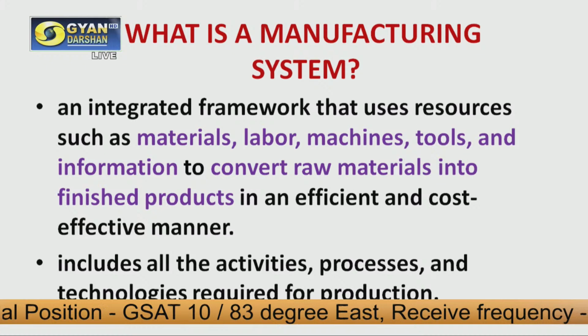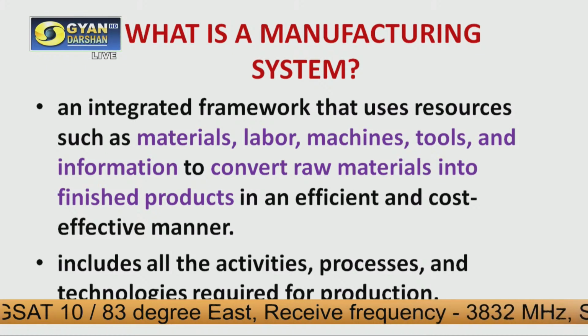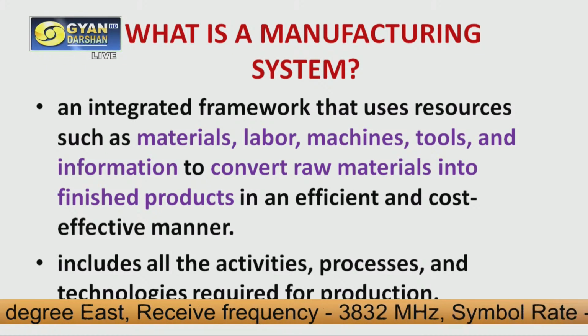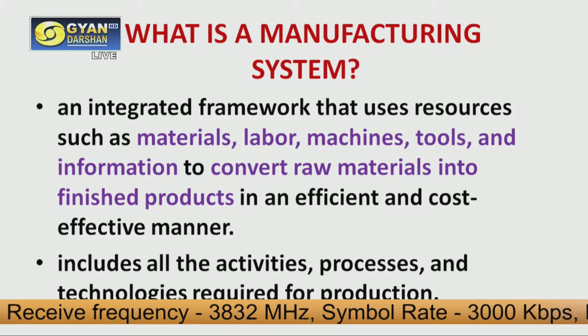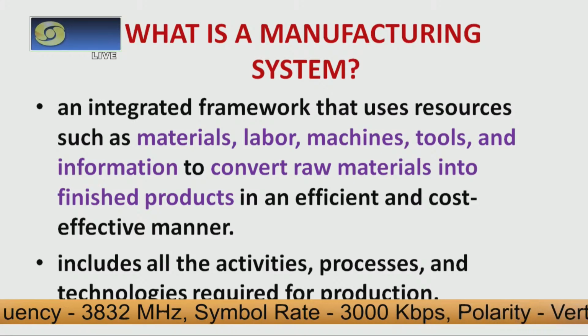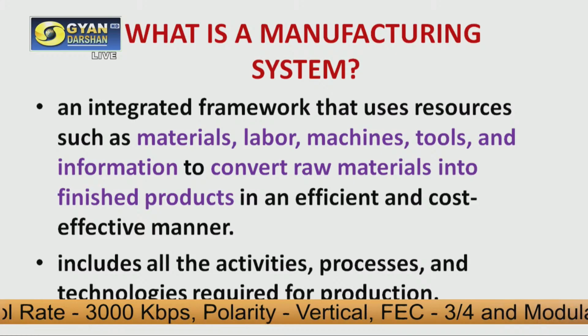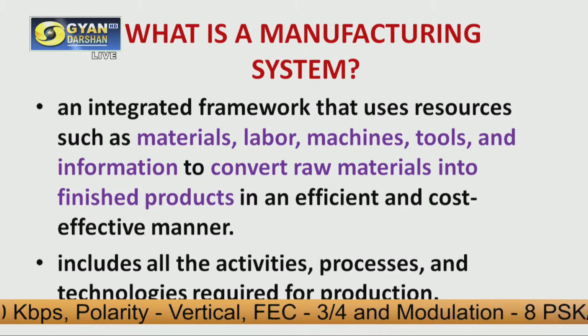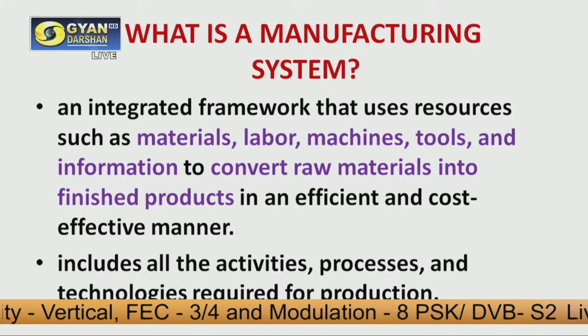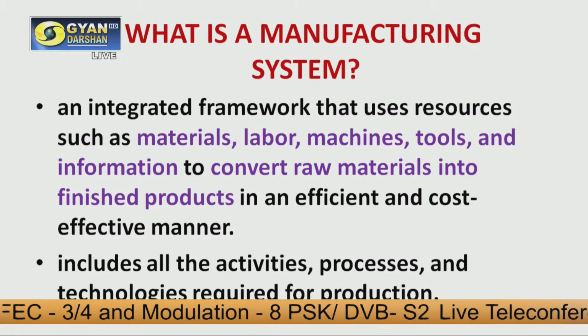For example, if I take the manufacturing of a car, it involves, right from the beginning, collection of raw material, then taking it to different parts, to the different machines where the different operators are there. And before that, we have a planning department, we have a design department, we have a human resource department.